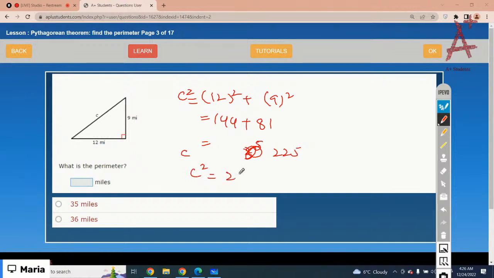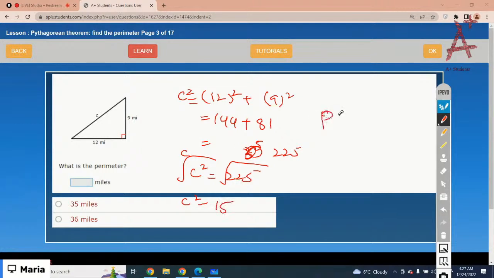C square equals 225. 225 is the square of 15. Yes, 15.